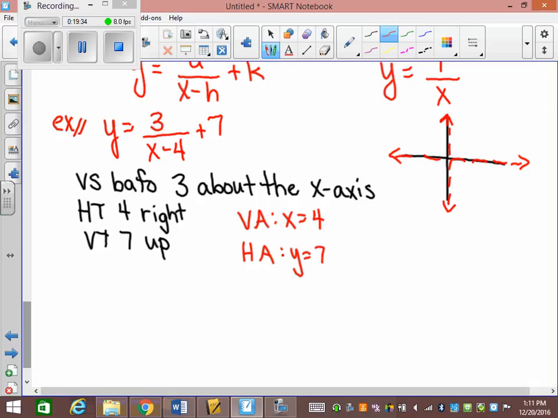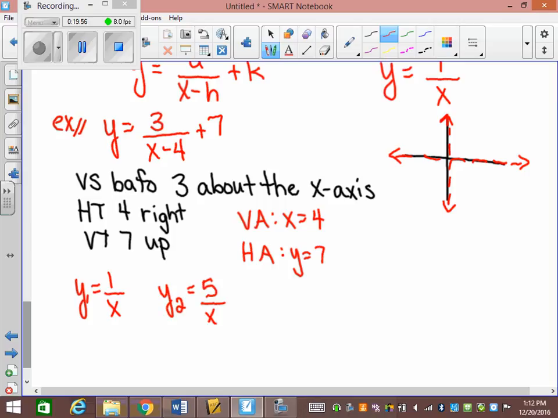Okay, punch this into your calculator just for fun. In your y1, put in 1 over x. In your y2, put in 5 over x.